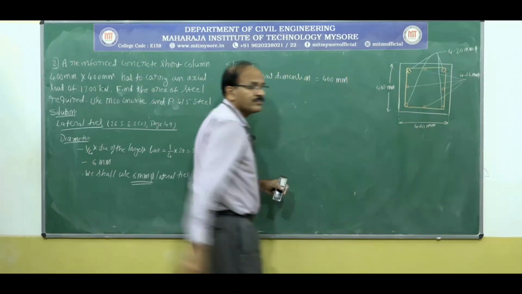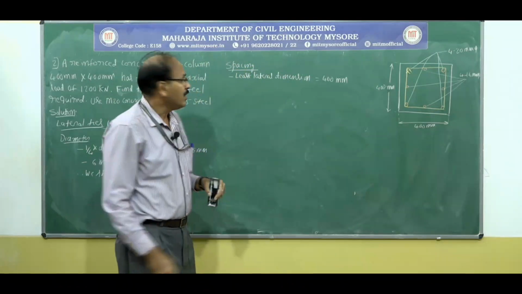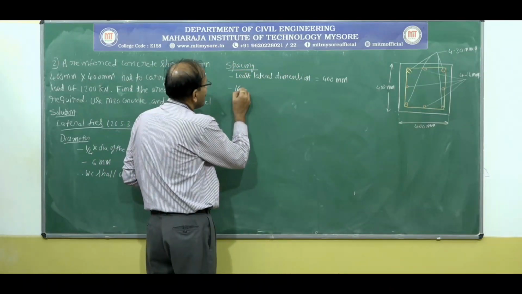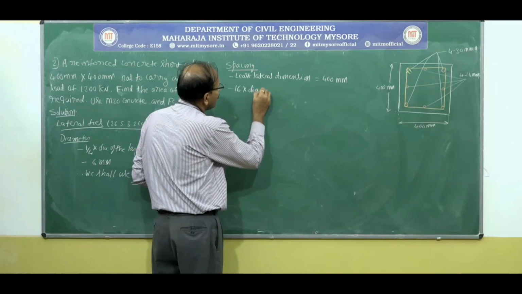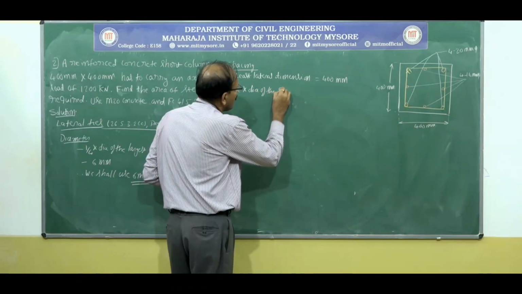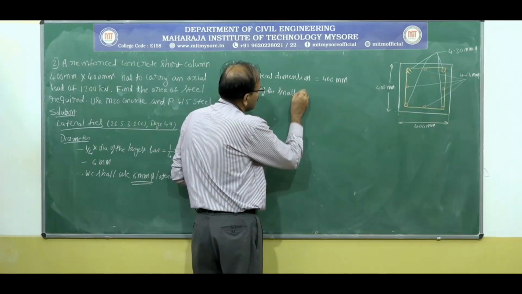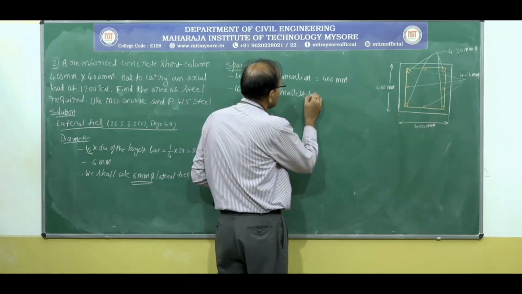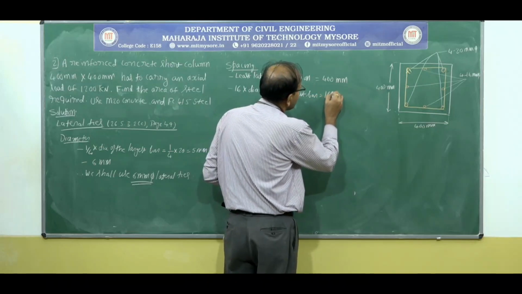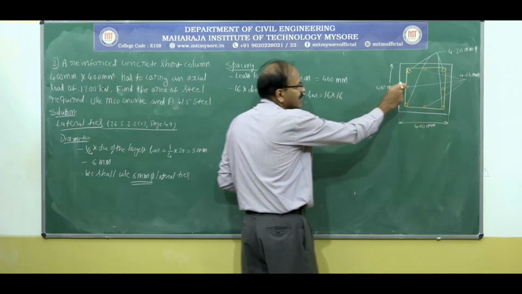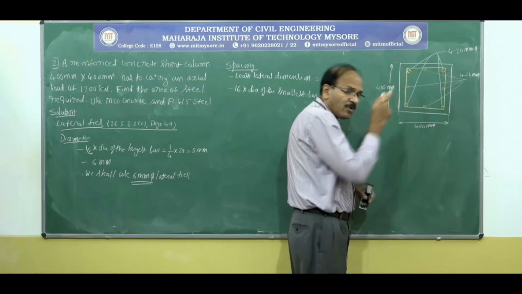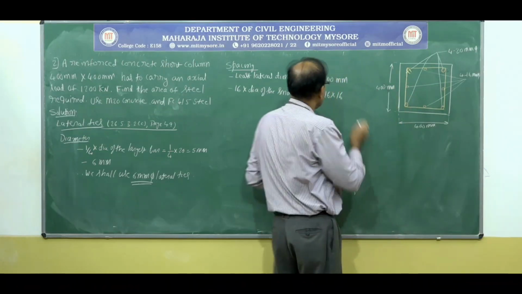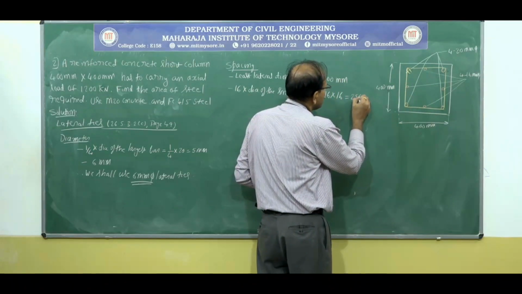Then, 16 times the diameter of the smallest longitudinal bar, that is 16 times 16, which is 256 millimeter.